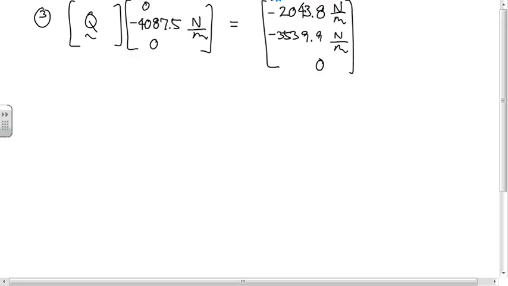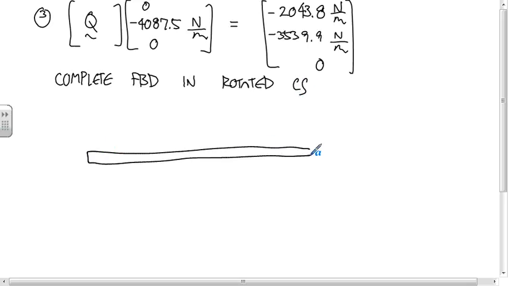And so I'll just write the final free body diagram, and then next time we'll finish up this problem and do the internal loads. So the complete free body diagram in the rotated coordinate system: there's the beam.